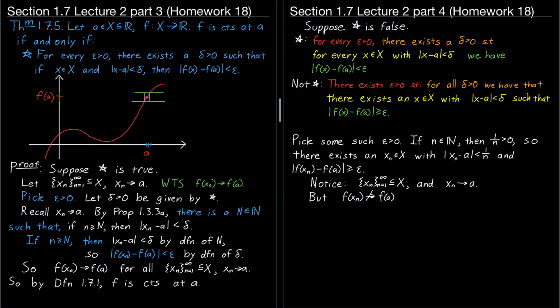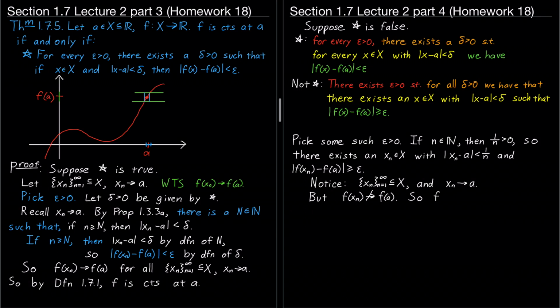That is not true because epsilon is positive, so if f of xn was converging to f of a, then eventually f of xn would have to be within epsilon of f of a. So we've got a sequence that converges to a where f of xn doesn't converge to f of a.